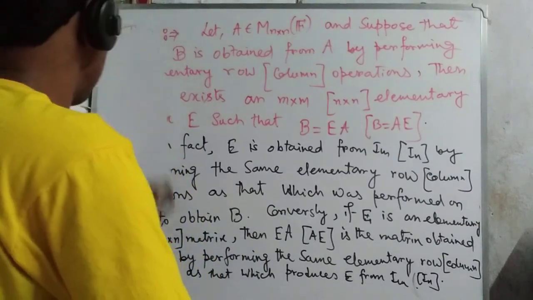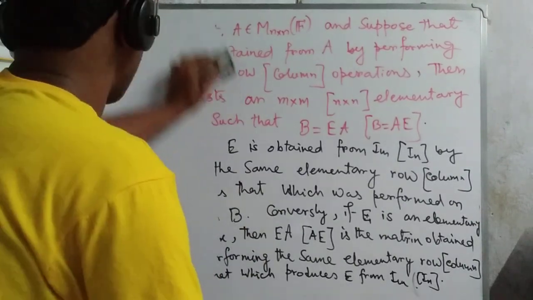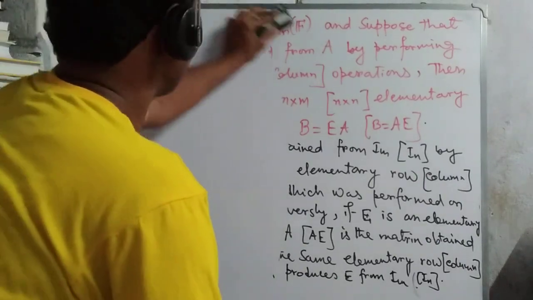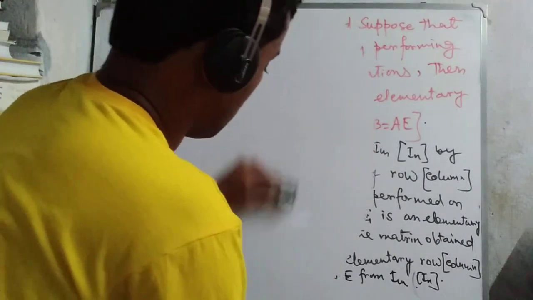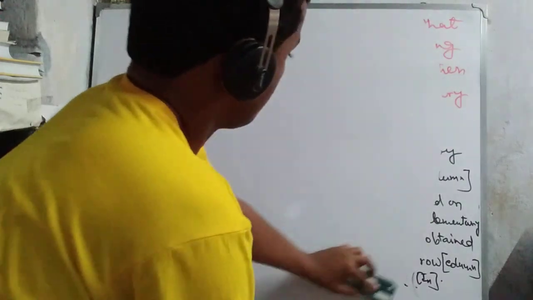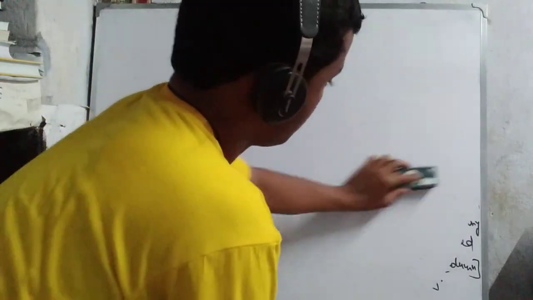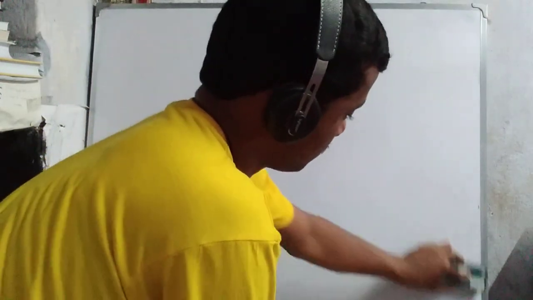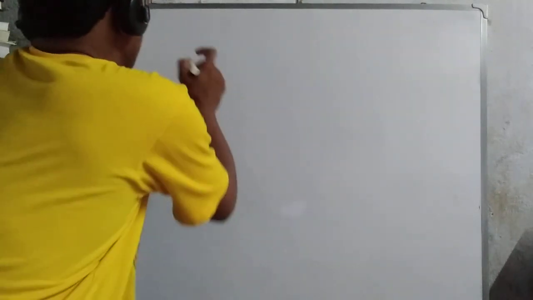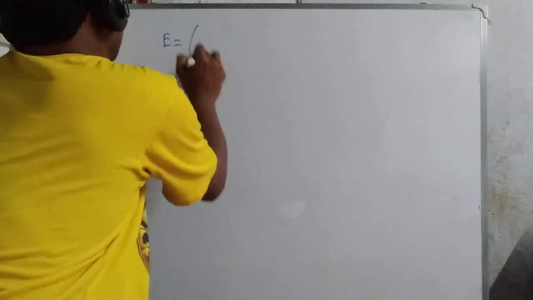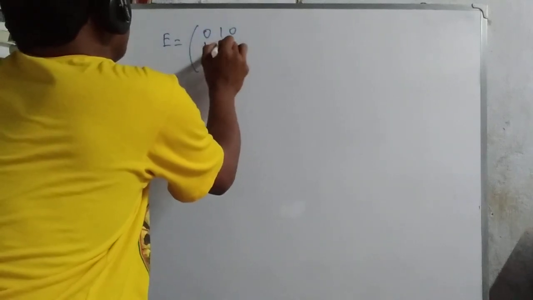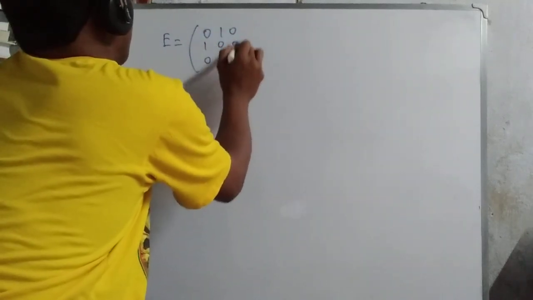We give some examples related to that theorem. So we write an example here. E is obtained in this way: 0 1 0, 1 0 0, 0 0 1.